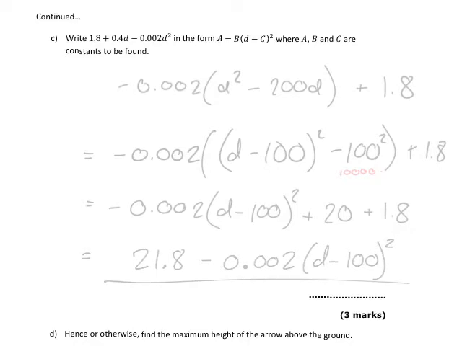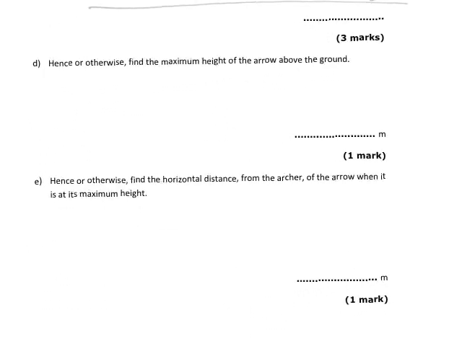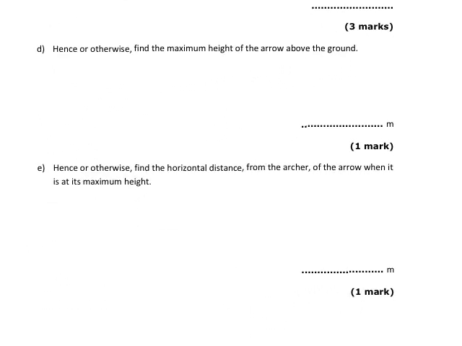Okay, now the reason we've done this is because it gives us the maximum and the minimum points. So if we want to know the maximum height above the ground, that is when D is equal to 100, the maximum height is going to be that 21.8. That's what the 21.8 stands for.